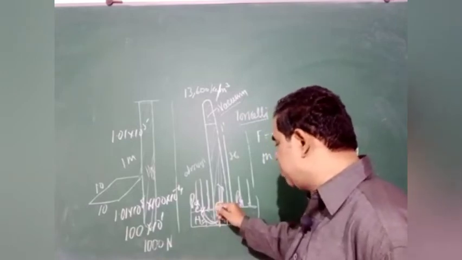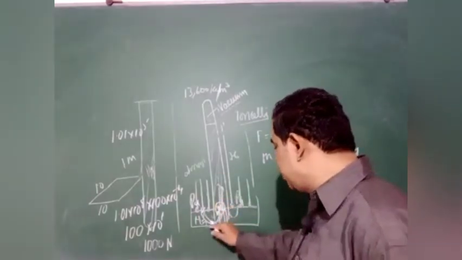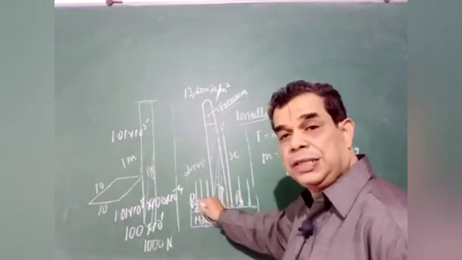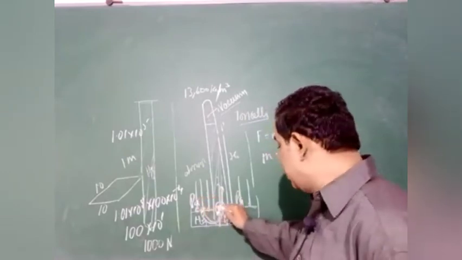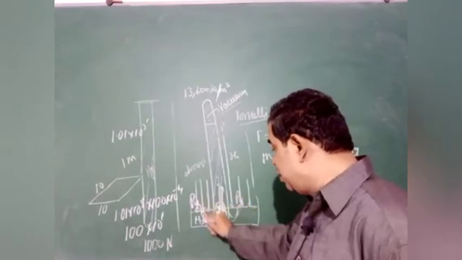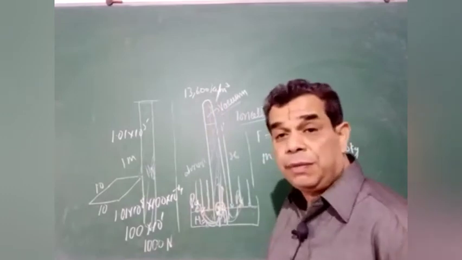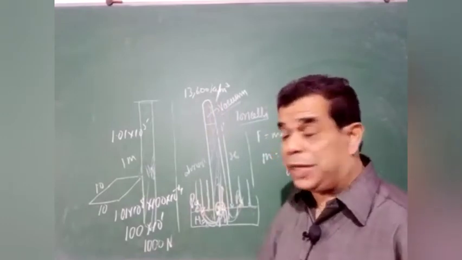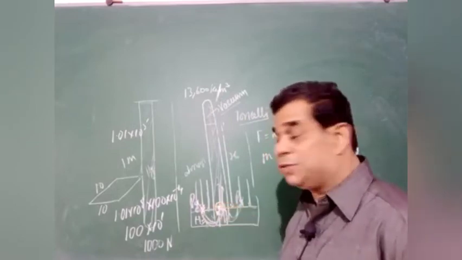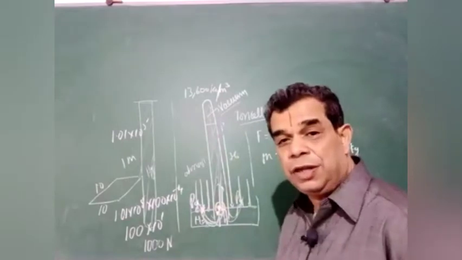If the pressure is something different here at this level, then this mercury either has to flow out like this if it is more here, or if it is less here, the mercury from outside should flow and rise up. Both of them are not happening. That means to say, what is pressure outside? Here also pressure. So that is why we measure atmosphere pressure as 76 centimeters of mercury.